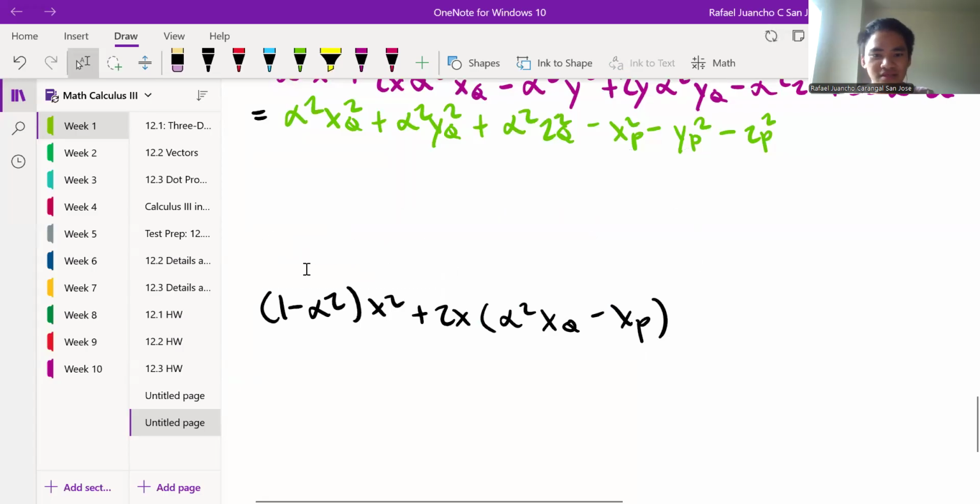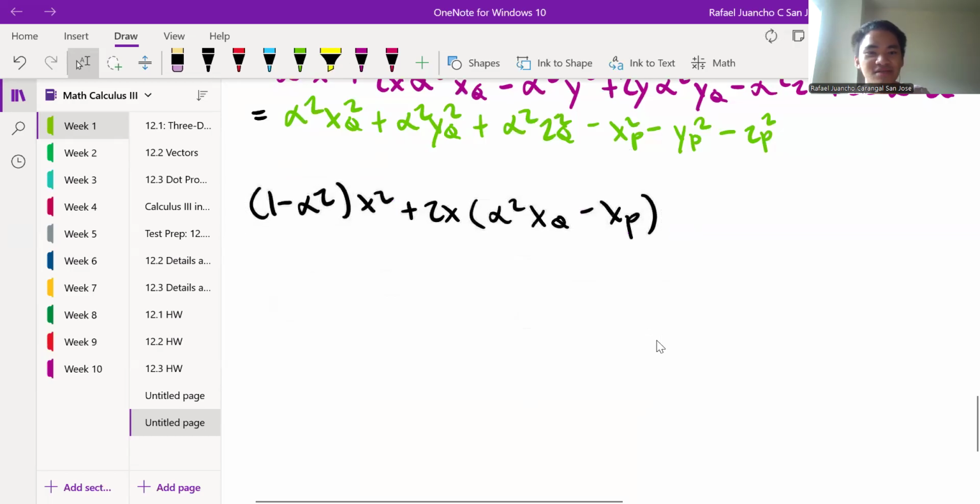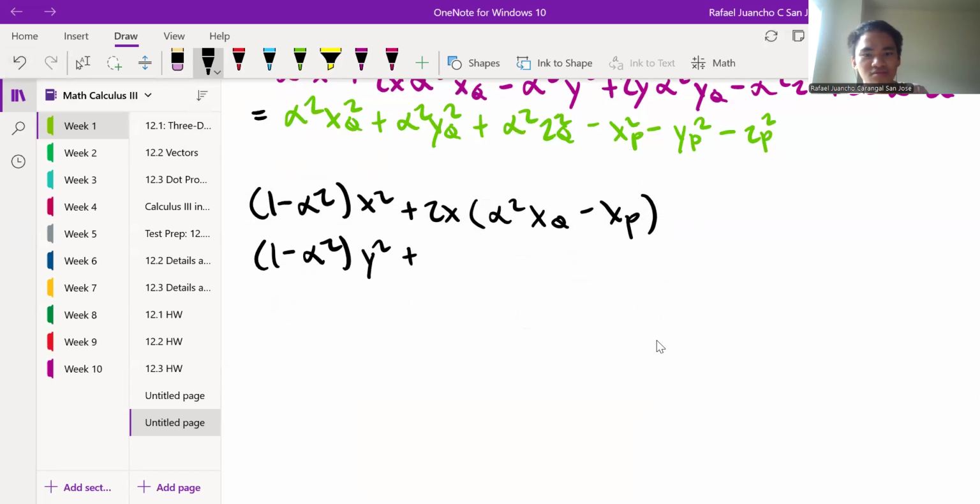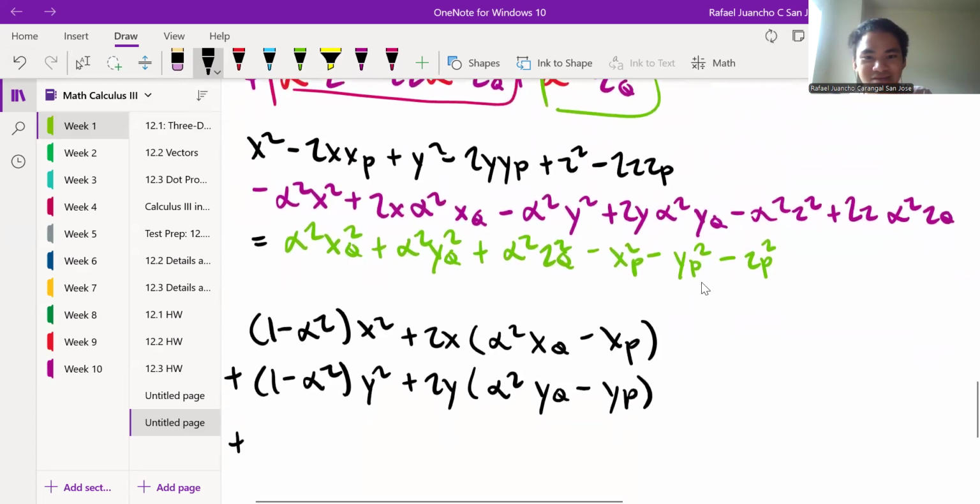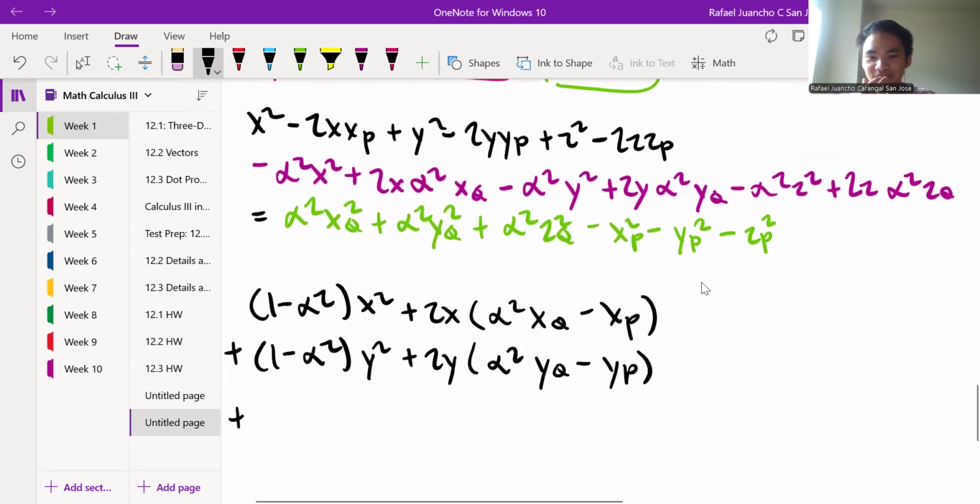Knowing that, we put this here, we plop this there, and we change everything to y. So this is y squared, 2y, y. We add that. Why am I saying y? Yeah, we basically add those.